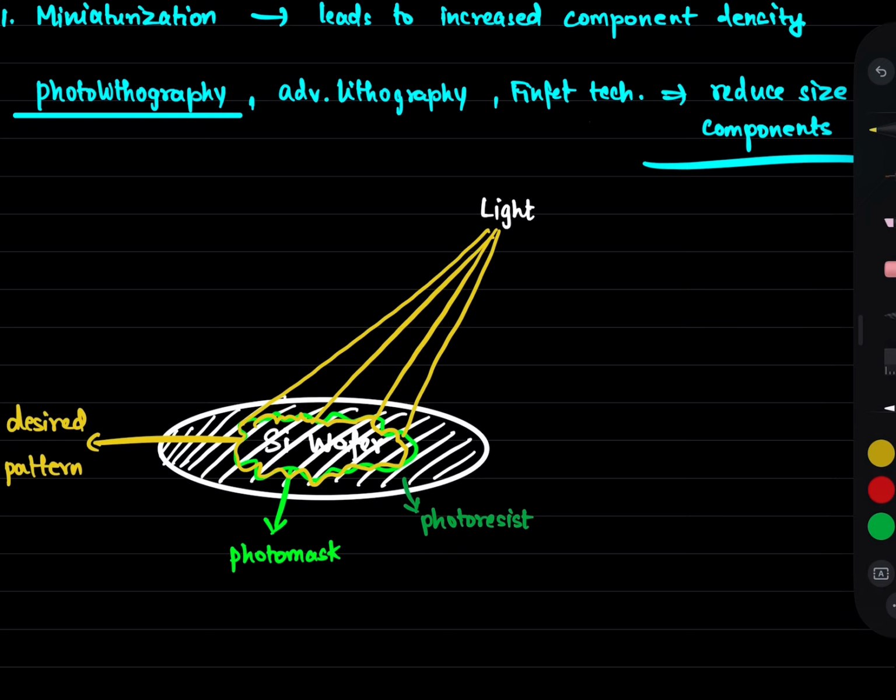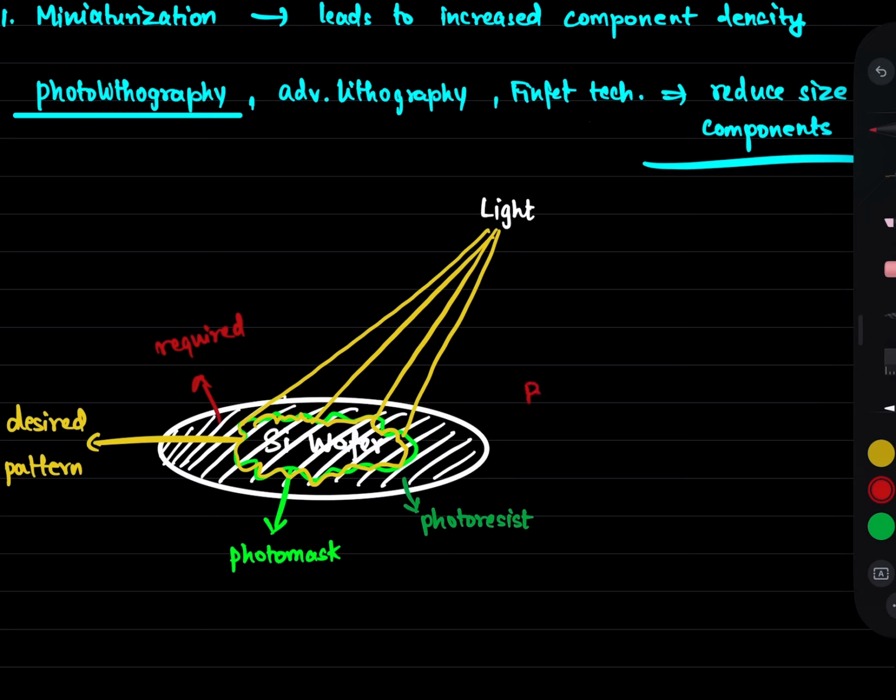On the semiconductor silicon wafer, once we get that impression, these are the unrequired parts. We don't require these parts, right? Because it is not of any use.